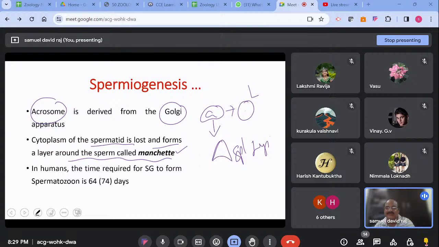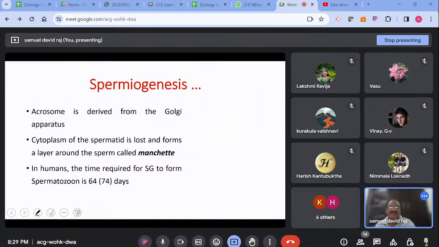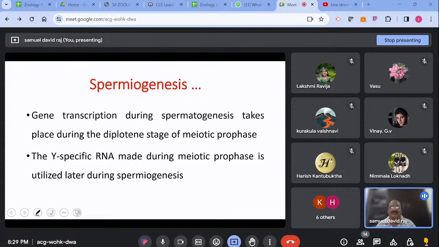In human beings, the total time required for spermatogonia to form spermatozoa is said to be exactly 64 days. In some books it is written as 74, but you go for 64 days. Coming to the continuation of spermiogenesis at the genetic level, gene transcription during spermatogenesis takes place during the diploid stage of meiotic prophase.